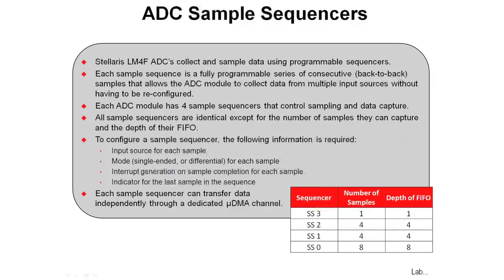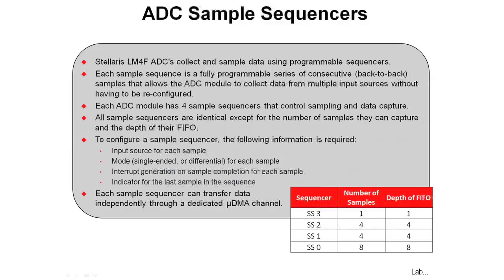You configure a sample sequencer with 1 or 4 or 8 different samples, or, on one that has 4 samples, you might only use 2 or 3. That's all applicable. You configure the input source for each sample. What's the mode? Is it going to be single-ended or differential?